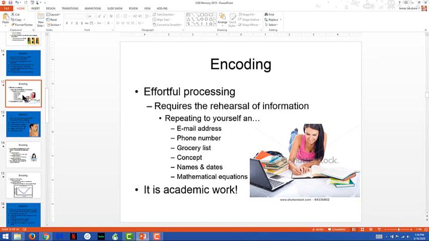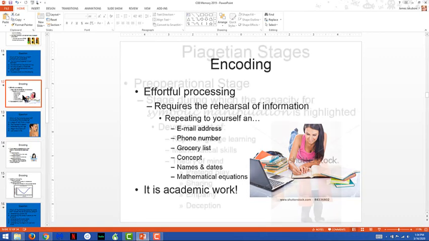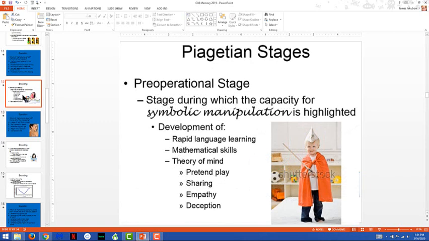And that leads us back to the whole story of symbolic manipulation in the pre-operational stage of the developmental chapter.